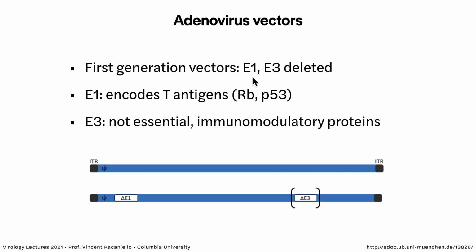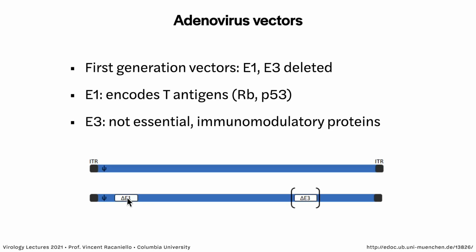First generation adenovirus vectors, they deleted the E1 and the E3 genes. E1, you should know now what this does. This is encoding T antigens that antagonize RB and p53, and they turn on the early gene expression, transcriptional activation, but you can take it out and grow the virus in a cell line that provides E1.